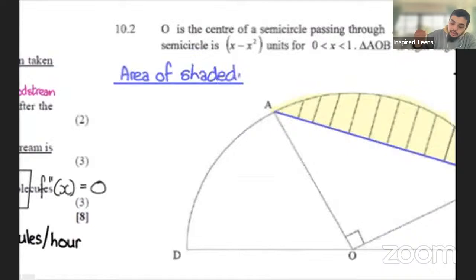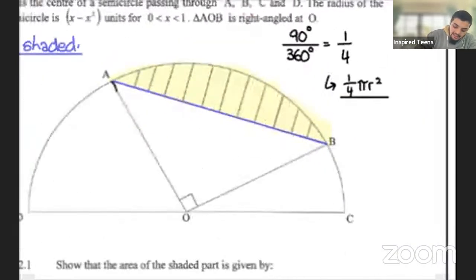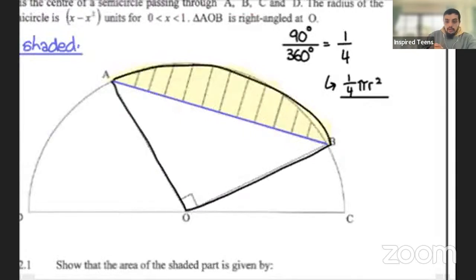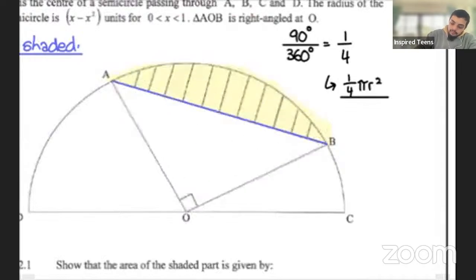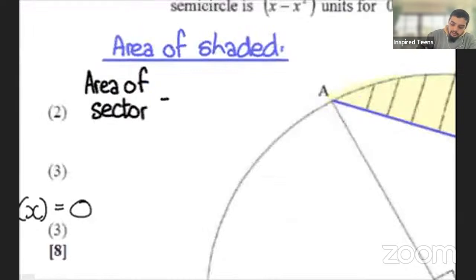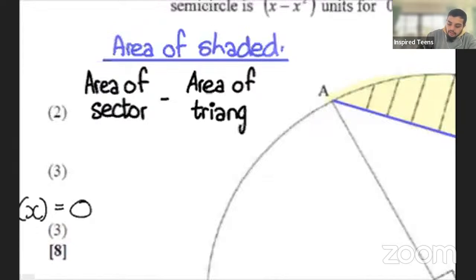The area of the shaded can be represented by the area of the sector, which is this entire thing, this is what we refer to as a sector, minus this triangle. So, area of the sector minus area of triangle. And that's essentially the most important step of formulating this equation.